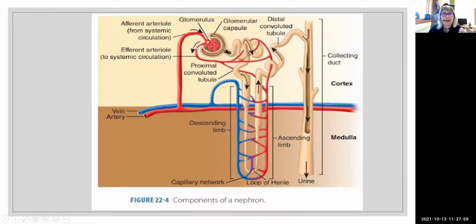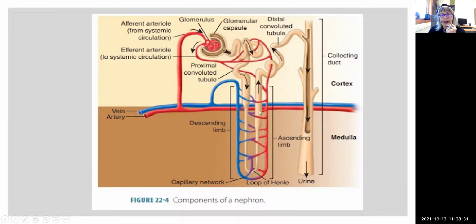This filtered blood then leaves via the efferent arteriole, and the 68 to 70% of the filtrate in the proximal convoluted tubule gets reabsorbed at the peritubular capillary. Then we go down the descending loop of Henle, and we have the vasa recta around it, and the ascending loop of Henle, we have the vasa recta around it. So bottom line, that's where we get some more reabsorption taking place.